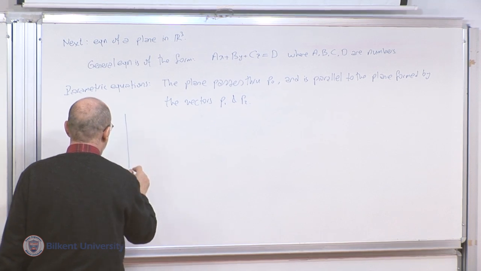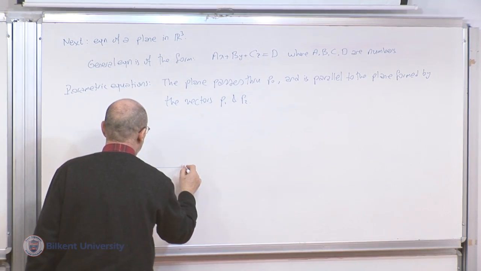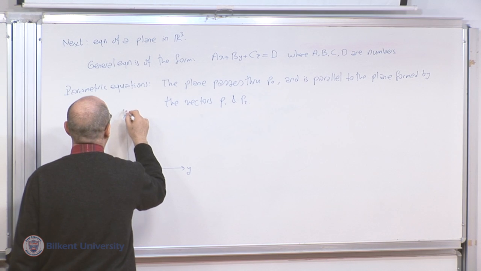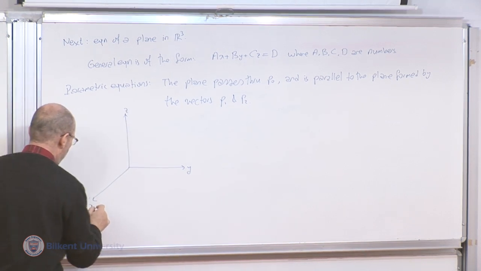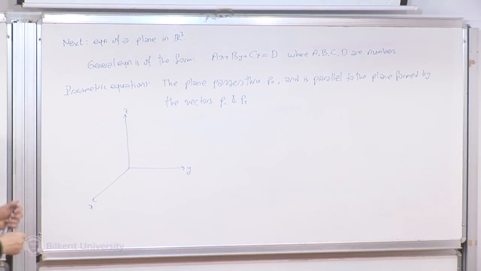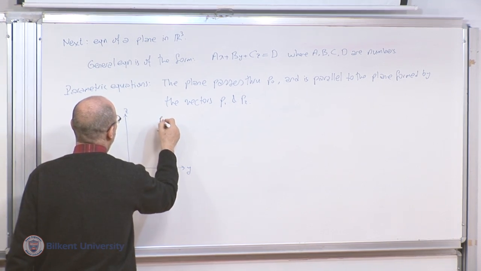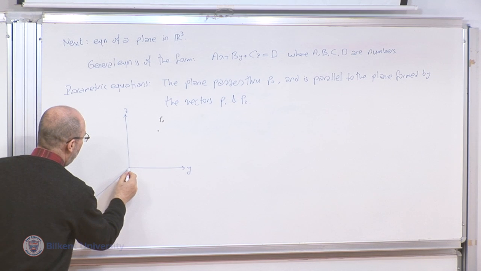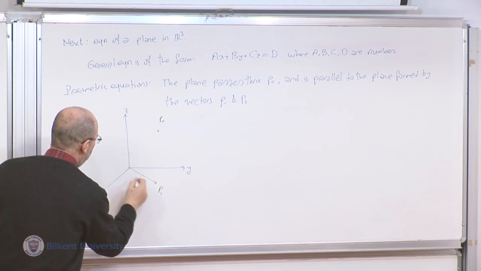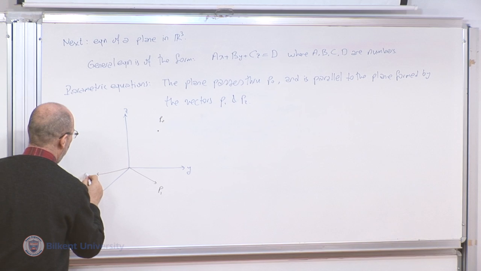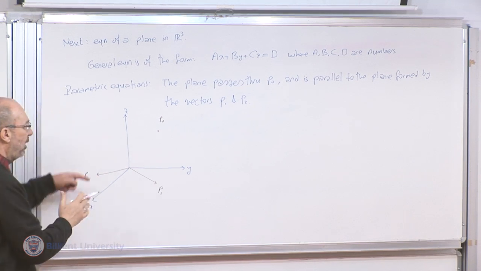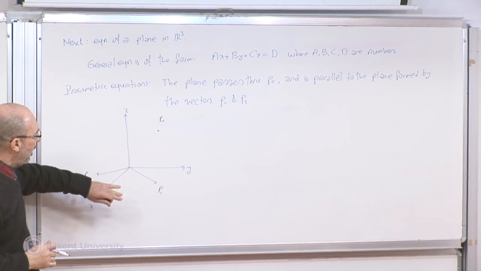So our picture is something like this. Okay, so P0 is a point here, and say P1 is a vector like this, and P2 is a vector like this. They form a plane here at the origin.